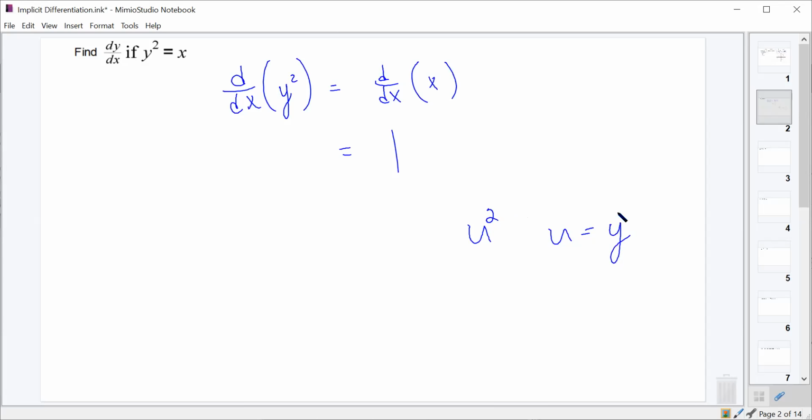We're going to call y squared, what variable do you want to use for this? We'll call it a. Let's say a equals y squared. So this will be a equals u squared with u equal to y. And we are looking for the derivative of a with respect to which variable? X. So we want dA dx.